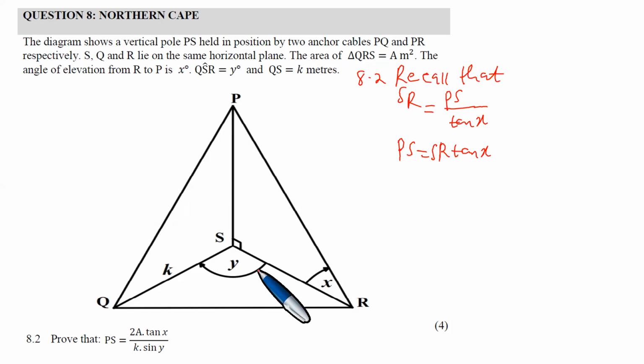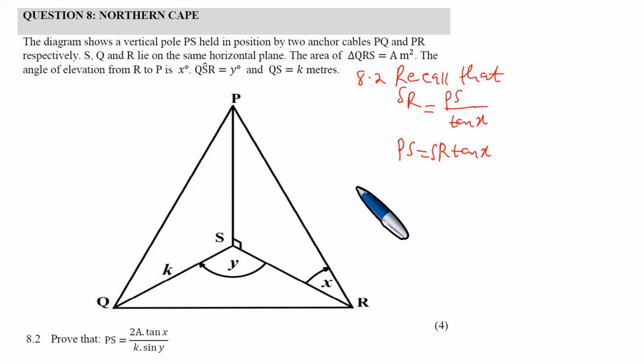But also we can see that they have given us something about the triangle QRS. The triangle QRS actually has this area over there. So if this is the case, we can get something out of this, and we can get the side SR because the side QS is already given.